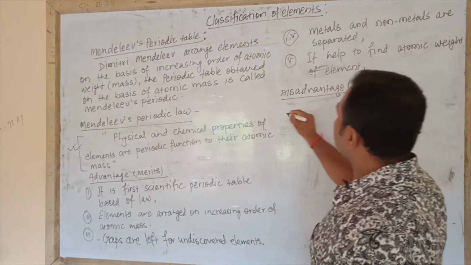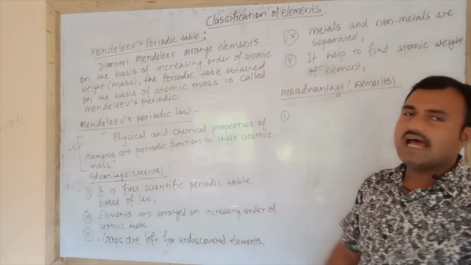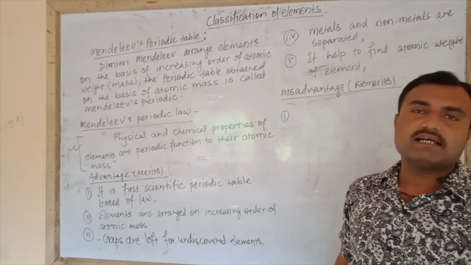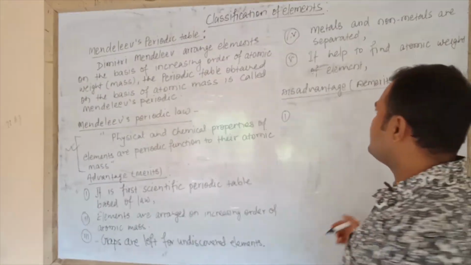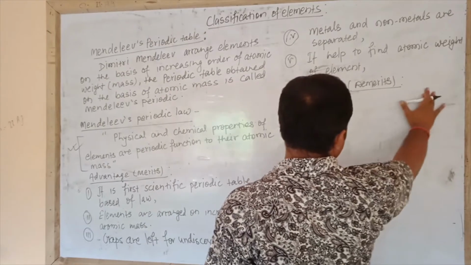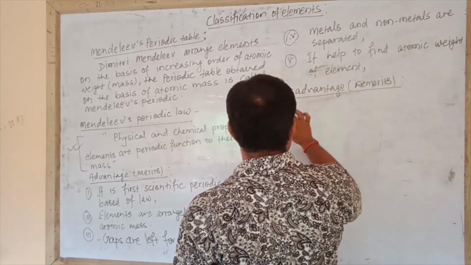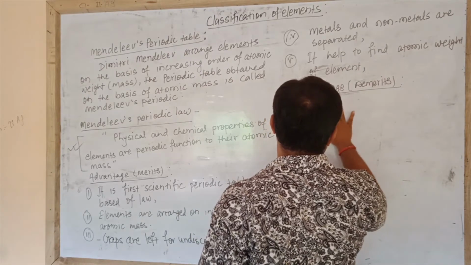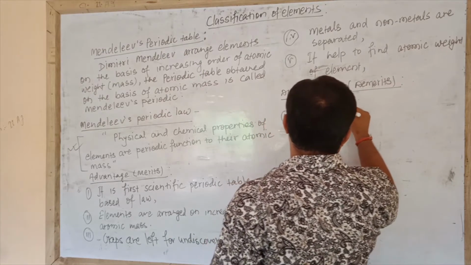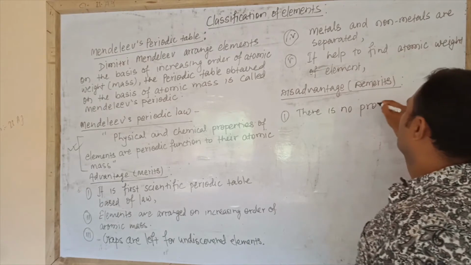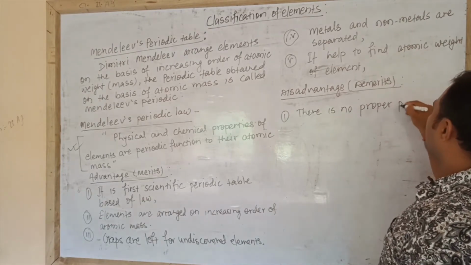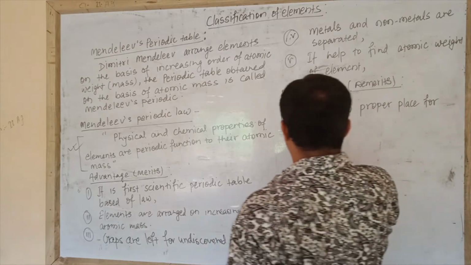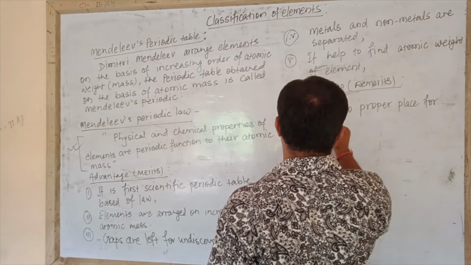Here in the Mendeleev periodic table, elements are arranged in increasing order of atomic mass, and here we write, there is no proper place for isotopes.